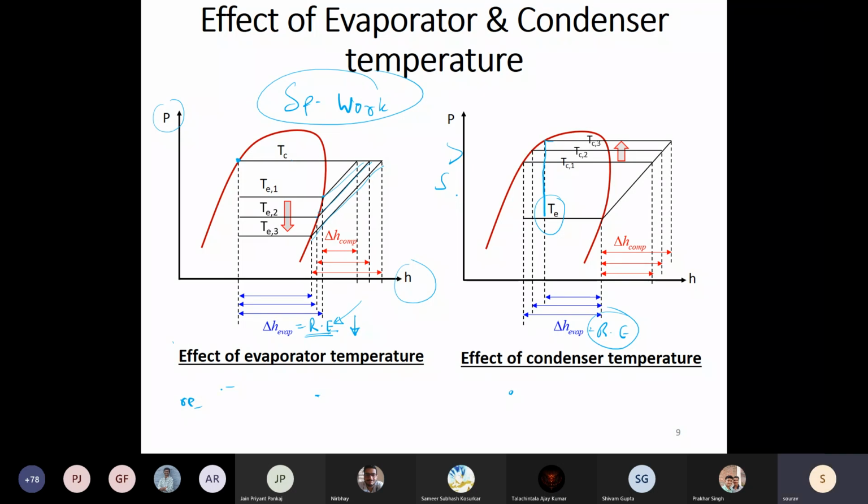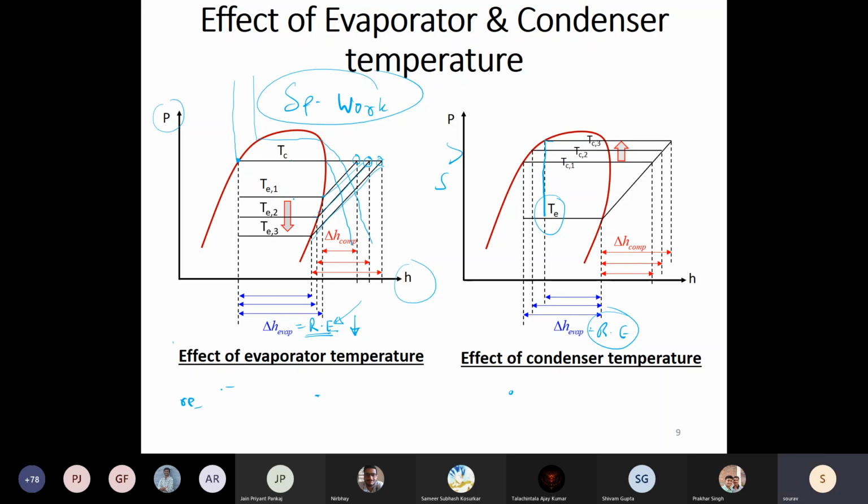Okay, so this is one thing. Another thing that you can observe is the discharge temperatures over here are also increasing. So let me draw the isotherms. The isotherms will look like this. So like this.